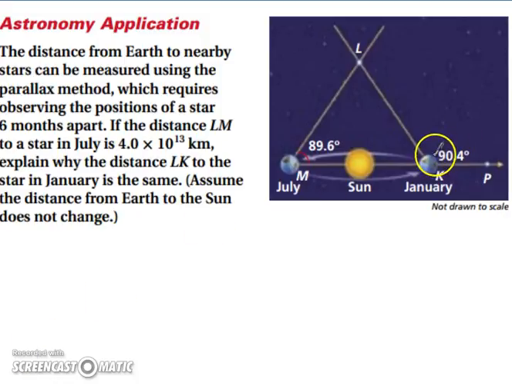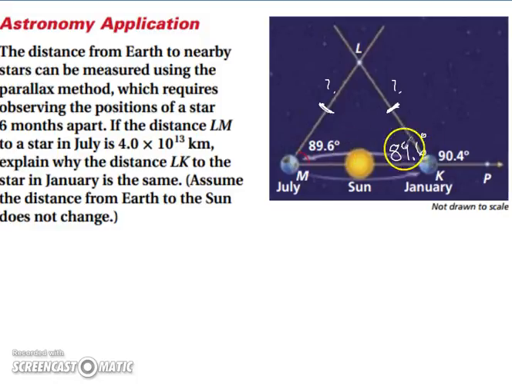We need to figure out what the other base angle is, because we're trying to state that this side is congruent to this one, but we don't know that yet. This angle right here is 90.4 degrees, and we have a line. So we know that line KP makes 180 degrees, so we do 180 minus 90.4, which gives us 89.6.